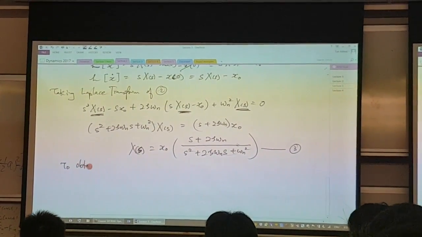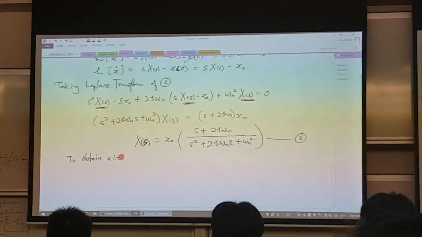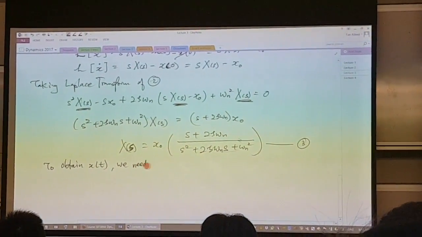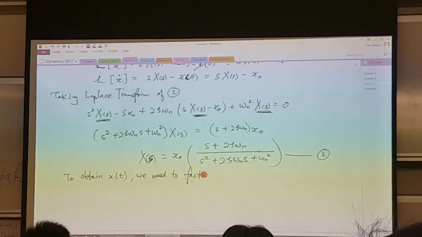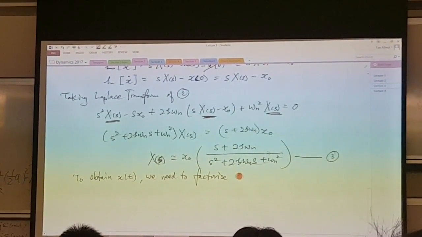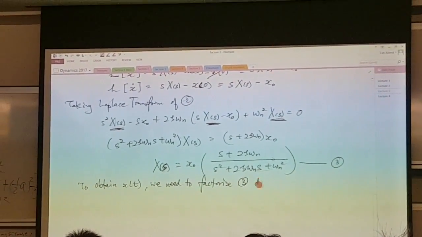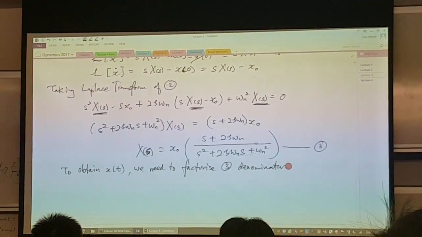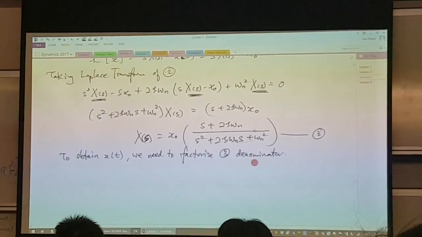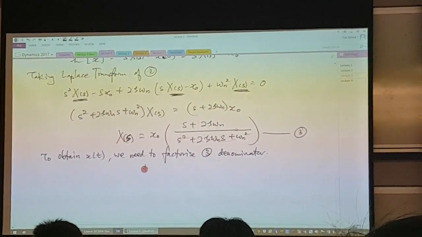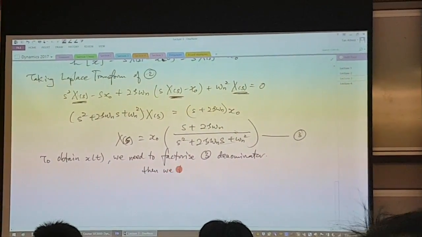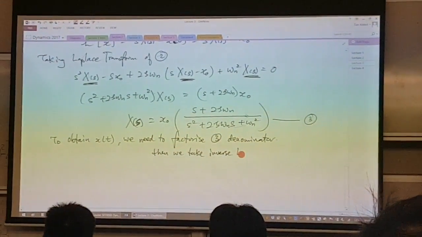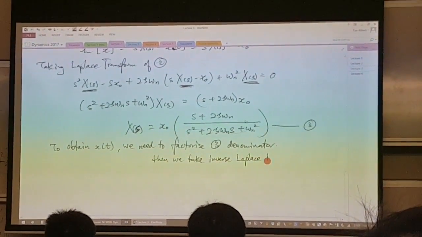To obtain x(t), which is your time response, we need to factorize equation 3, factorize the denominator. And after we have factorized the denominator, then we take the inverse Laplace transform.